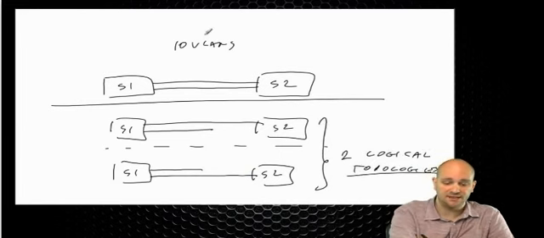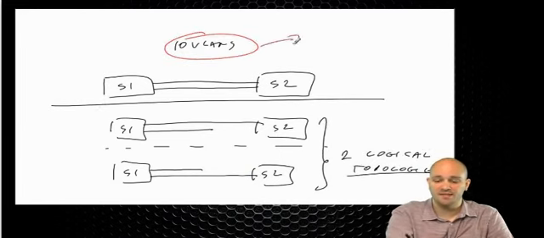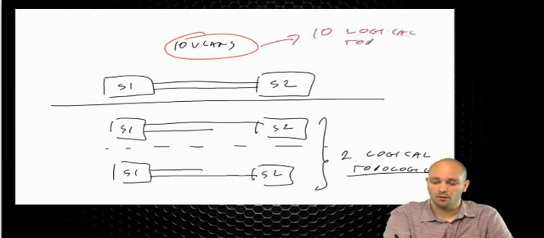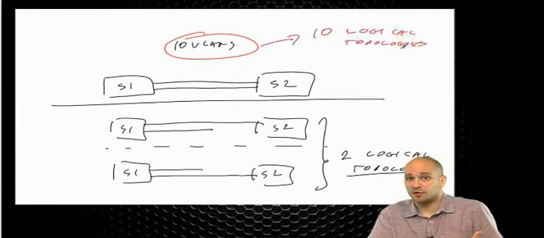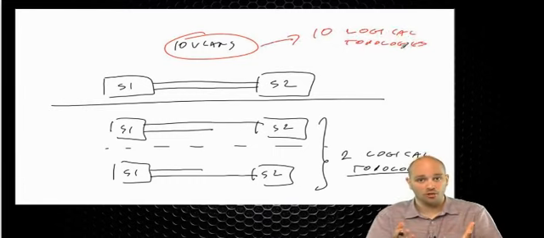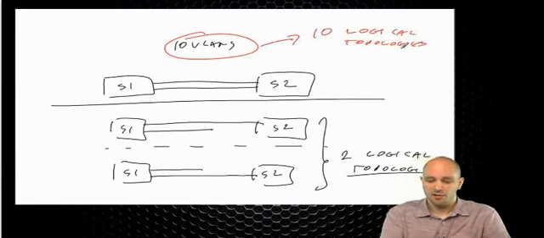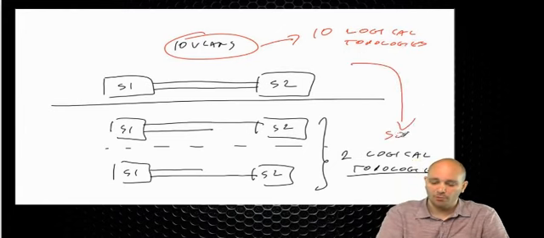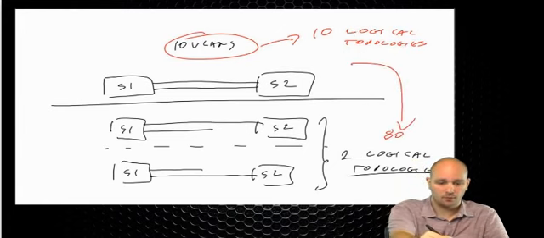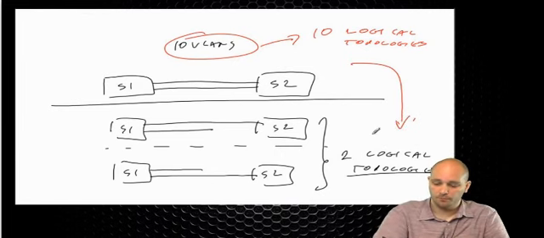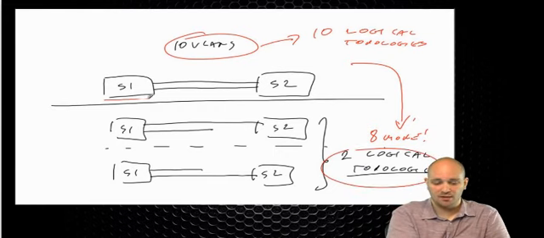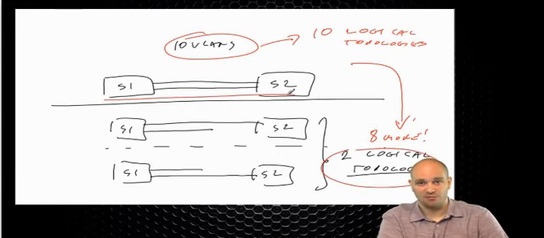But with 10 VLANs configured with PVST, we are going to have 10 logical topologies created, because that's basically what the spanning tree instance is. It's a logical topology based on the same physical topology. So we are creating 8 more than we need to actually address the capabilities of this network here.